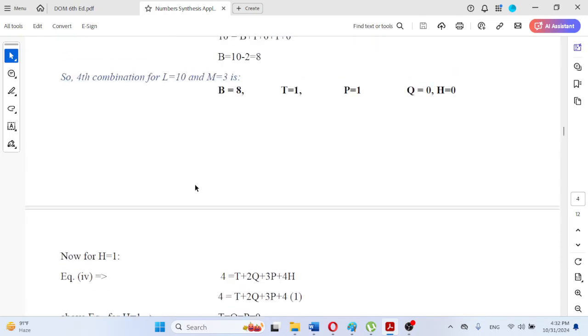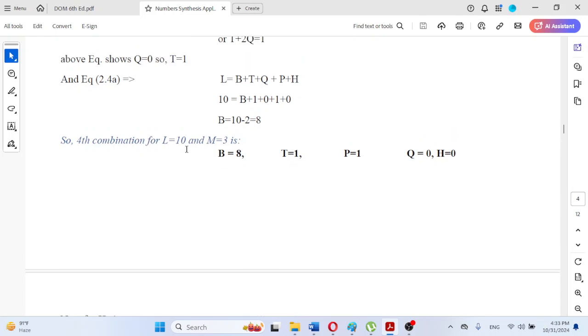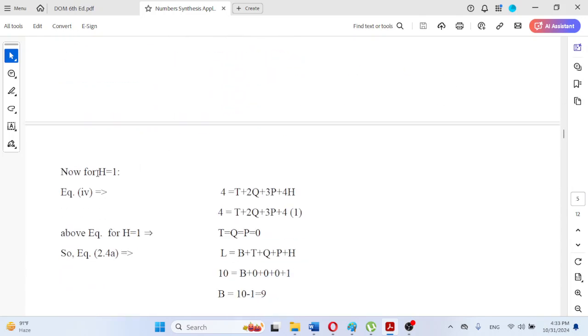Now the last combination that actually remains, because 4 combinations have been obtained for H is equal to 0, so the other value for H was 1.